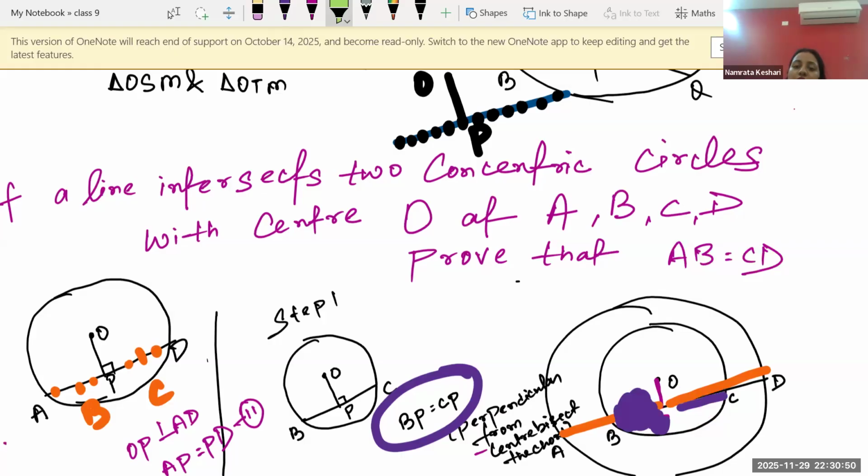Please write it down. Write step 1. First of all, you write the construction, that you are dropping OP perpendicular on AD. First of all, you write the construction that OP is perpendicular on AD. Then you can say step 1.